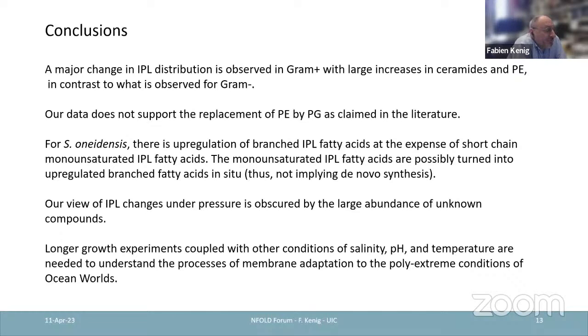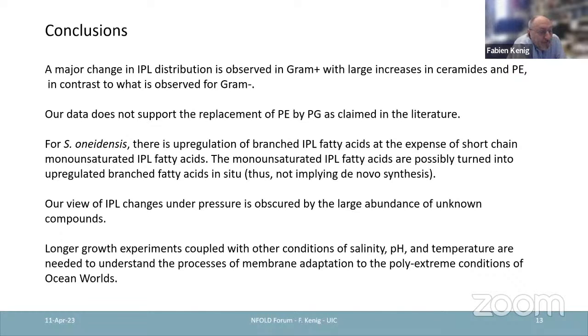So the general conclusion of that type of experiments is that we need to try to figure out why those polar head changes. So there are a number of hypotheses, of course, and we will continue these experiments by doing longer growth experiments. And for the ocean worlds, we need to try, of course, conditions that are more adapted to their particularities, with changes in salinity, pH, and temperature.